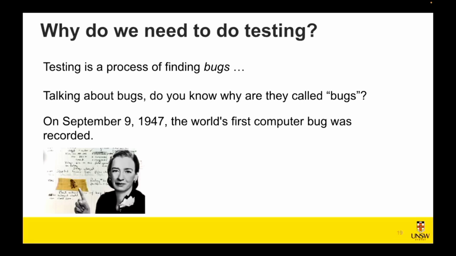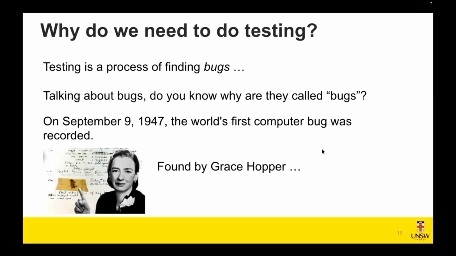And then they literally debugged the machine by finding out that there was a small insect stuck inside the computer, causing some errors. So the first bug is really a bug. It's really a small insect. And this lady is the person who found the first bug, and her name is Grace Hopper.